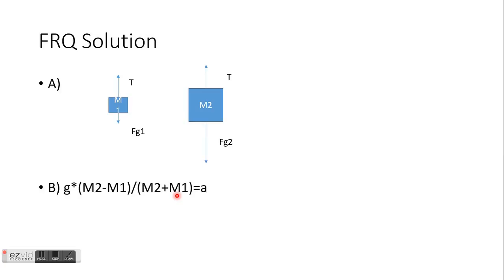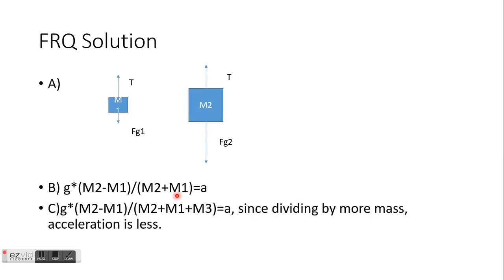It's just g times M2 minus M1 divided by M2 plus M1 is equal to a. That's going to be the case for every two-mass pulley. With the three-mass system, there's no extra force of gravity, but there is extra mass. Since you're dividing by more mass, the acceleration of the system is less. All that makes sense physically.